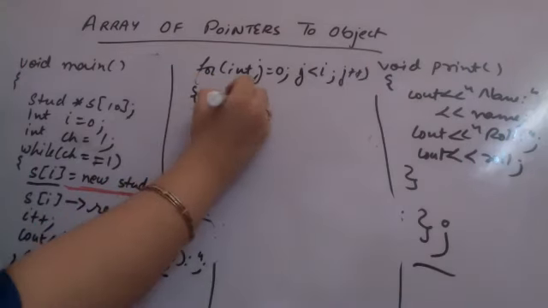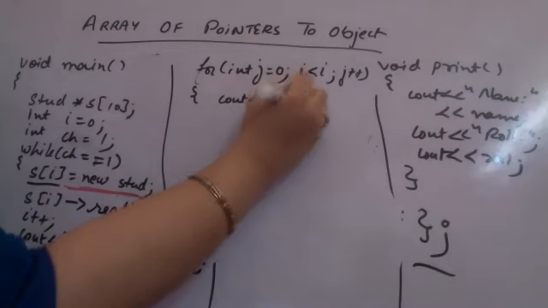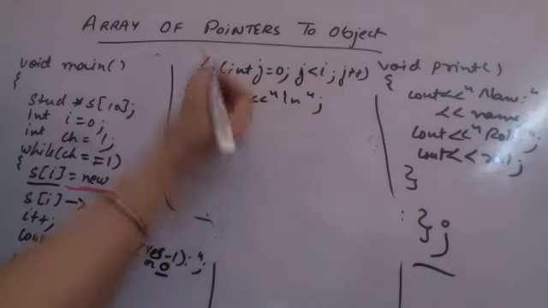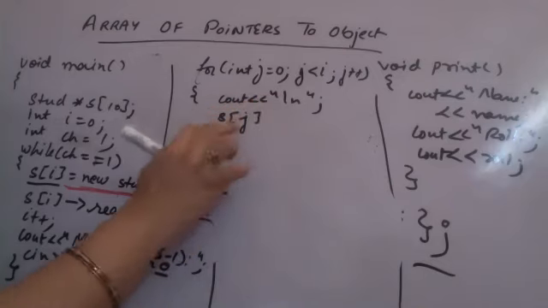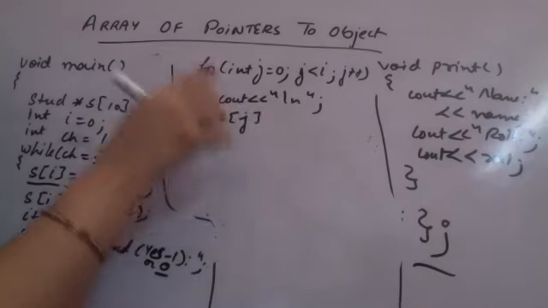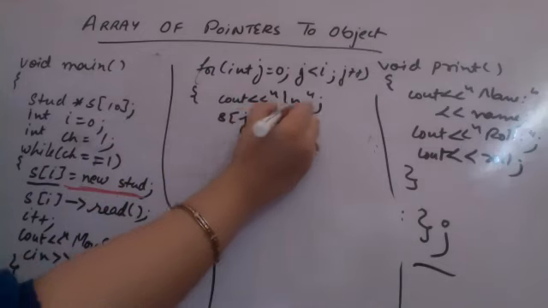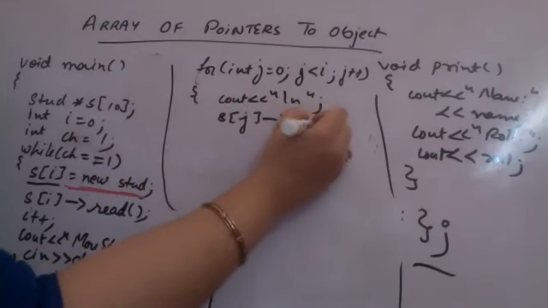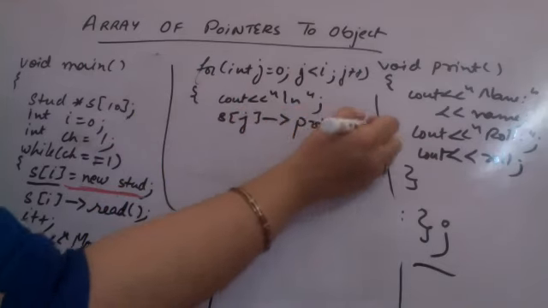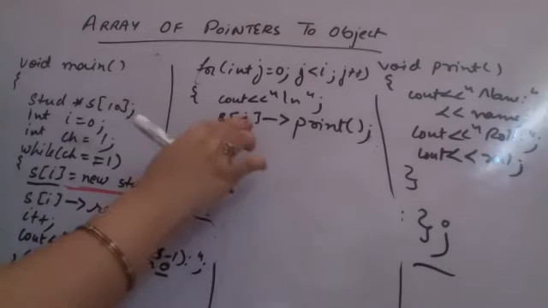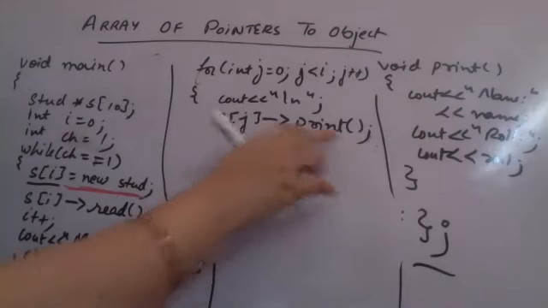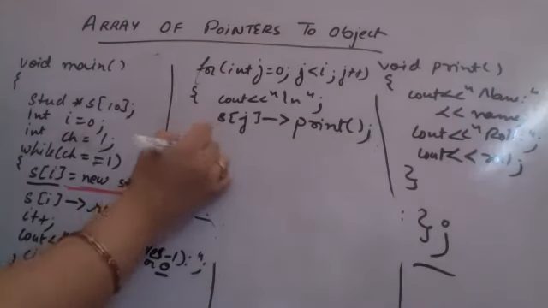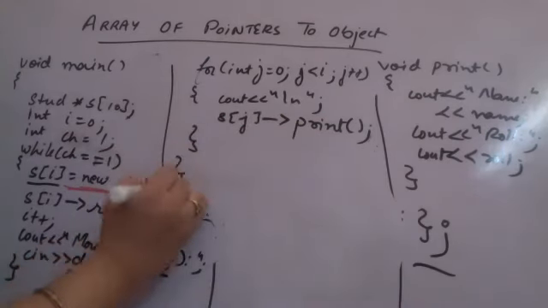So say I'm calling cout and I'm creating a new line, and now I'm calling S of J. Since this is a pointer to the object of the class, I use the arrow operator, and then I'm calling the public member of the class print. Pointer to object, calling public member of the class print. And this is how I will be able to print all the objects, and I can end my main function.